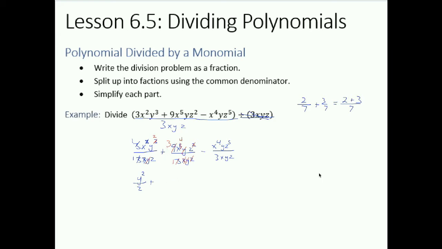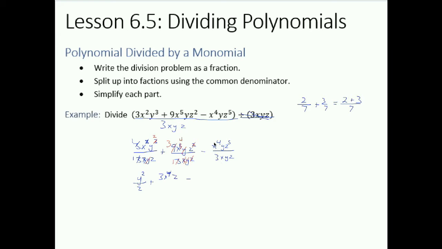So this is 3x to the 4th z, just over 1. Everything's simplified here, and then minus, and we're going to simplify this last one.